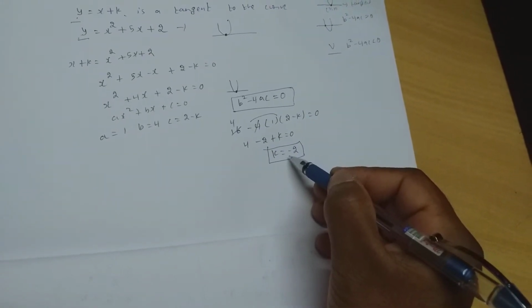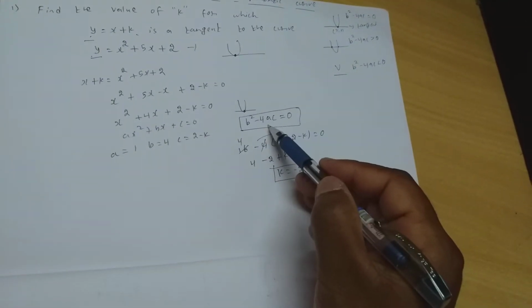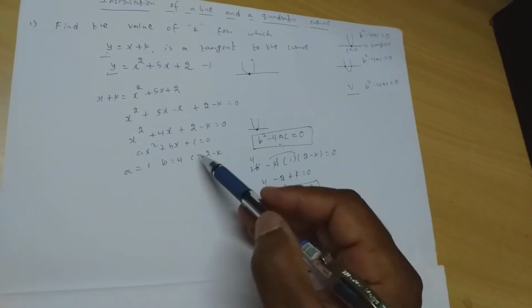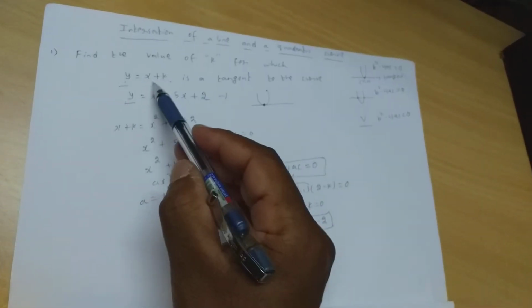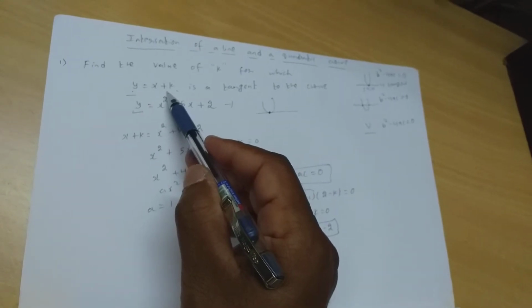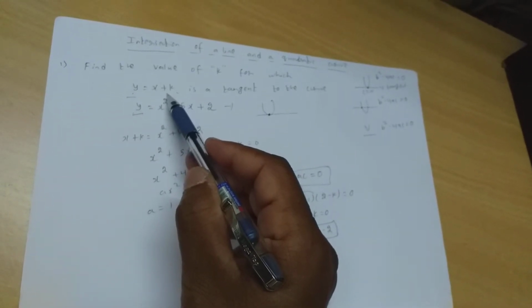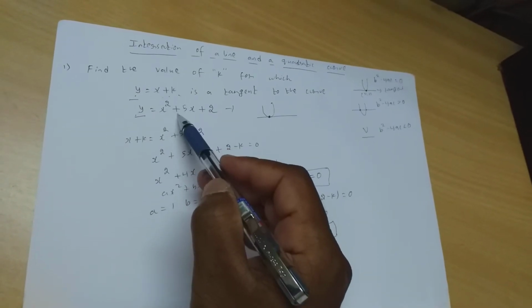Are we clear? So whenever he says tangent, I should use this condition. To use this condition, I should have a quadratic equation. To get a quadratic equation, I need to equate the y coordinates of both. I need to make y the subject in both line as well as curve and equate them.